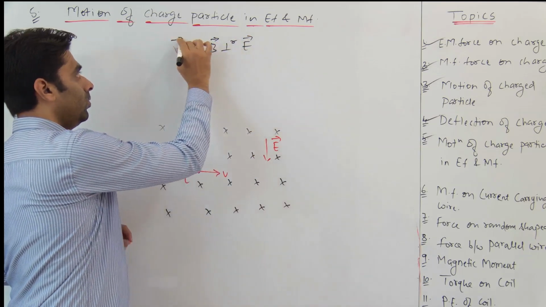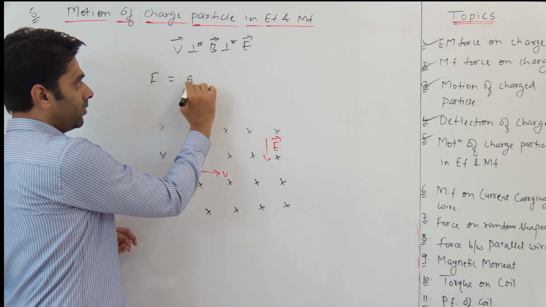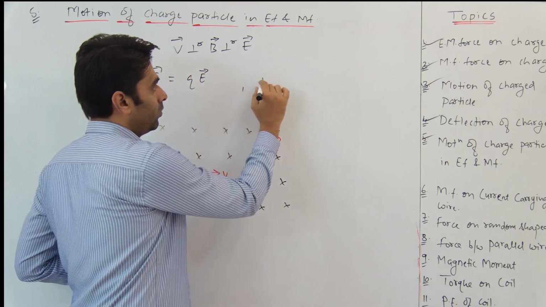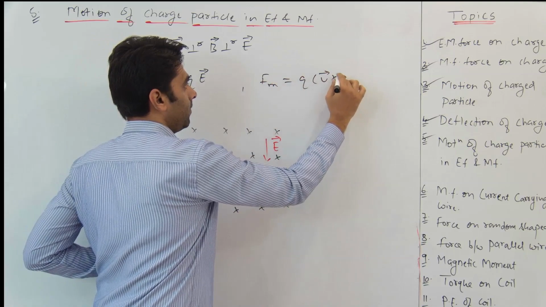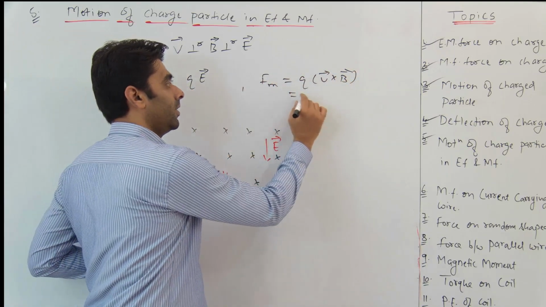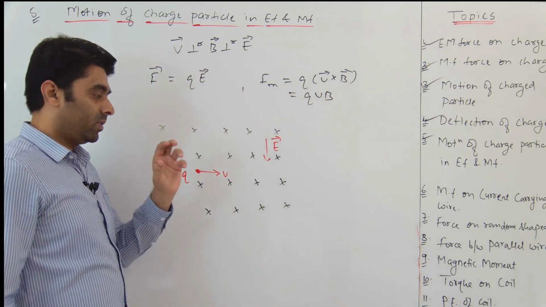So we know one thing. First of all, how much is your electric force? Electric force is given as qE, right? What is your magnetic force? Magnetic force is qV cross B. If your velocity is perpendicular to the magnetic field, it will be qvB. Now we are over here trying to find out a specific case.